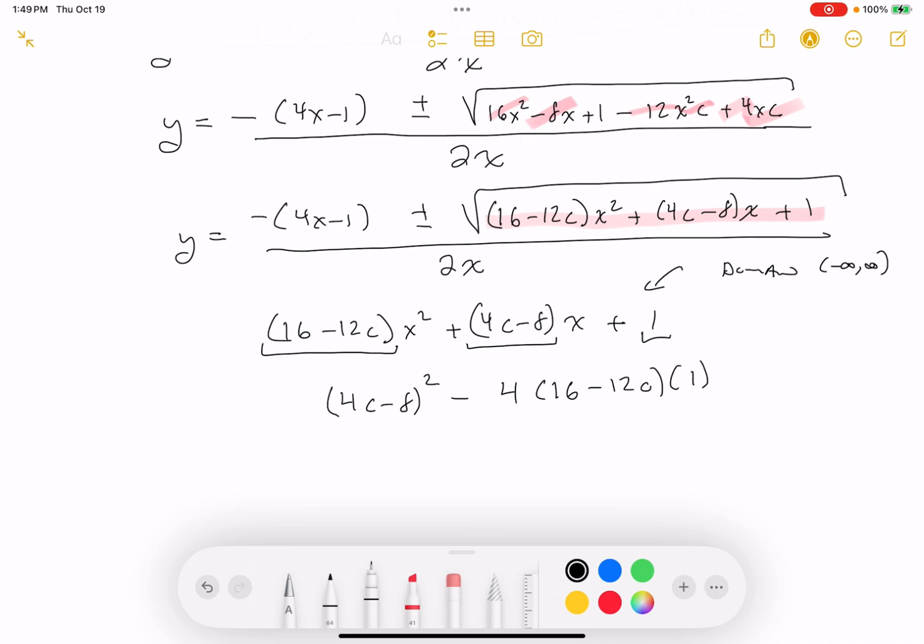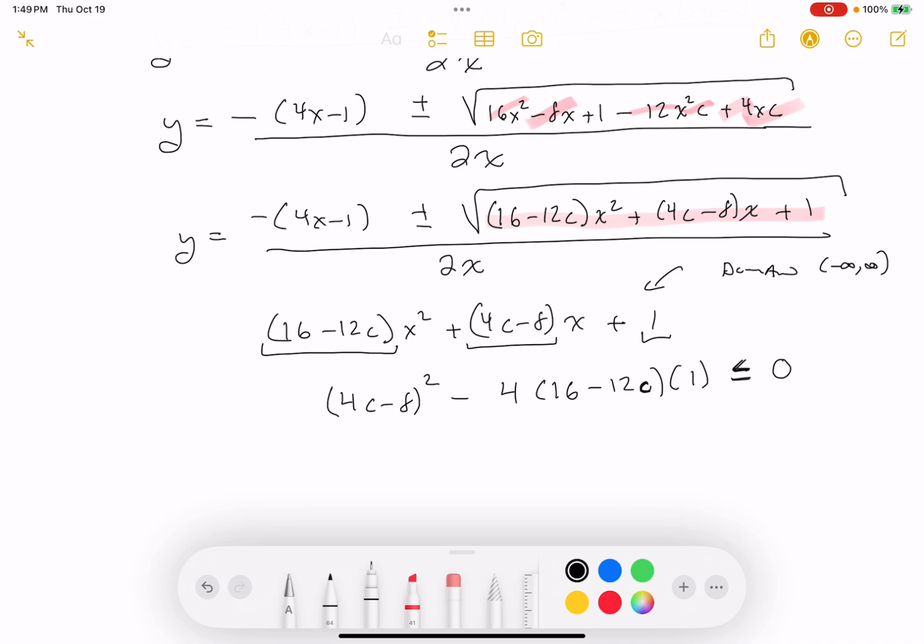The C is the constant, by the way. I know I say C a lot. It's really not C, it's a constant. And I want this thing to be negative, or I should say less than or equal to 0. In other words, no real x-intercepts. All right, let's see if we can do it. And let's write that down.